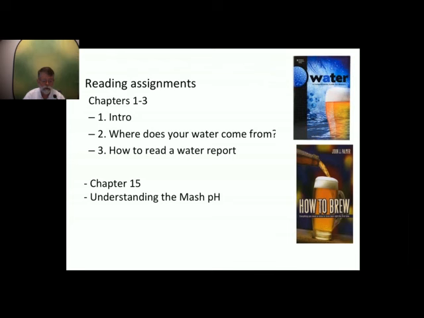And then I would recommend that you take a look at chapter 15 of John Palmer's How to Brew, which describes the mash pH, which is going to be the emphasis of what I'm talking about. It's going to lead into the mash and monitoring and controlling that mash pH. So we're going to take a break here. I'm going to recommend that you take a look at these chapters in these 2 books if you haven't read them yet, and return to this lecture once you've done that.